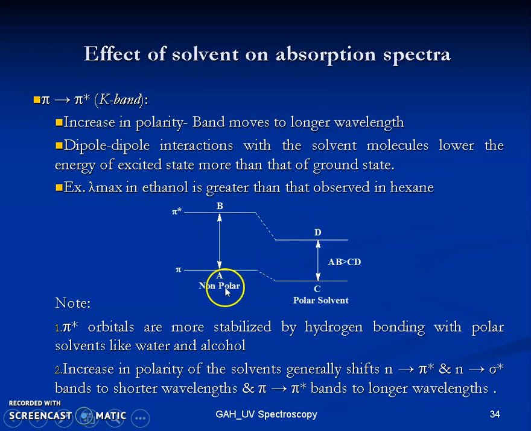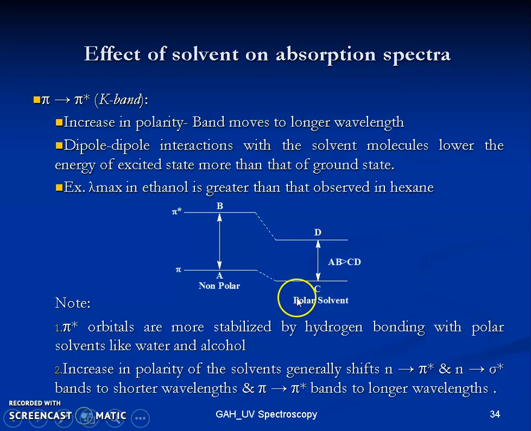Okay, if I take the compound in a non-polar solvent and the same compound in the polar solvent, then if there is a pi to pi star transition, the band usually moves towards a longer wavelength, because the distance CD is less compared to the distance AB. Or in other words, AB is quite higher than CD. So in order to bring about this transition, that is AB, I need more energy, whereas for this transition CD in polar solvent, I need very little energy.